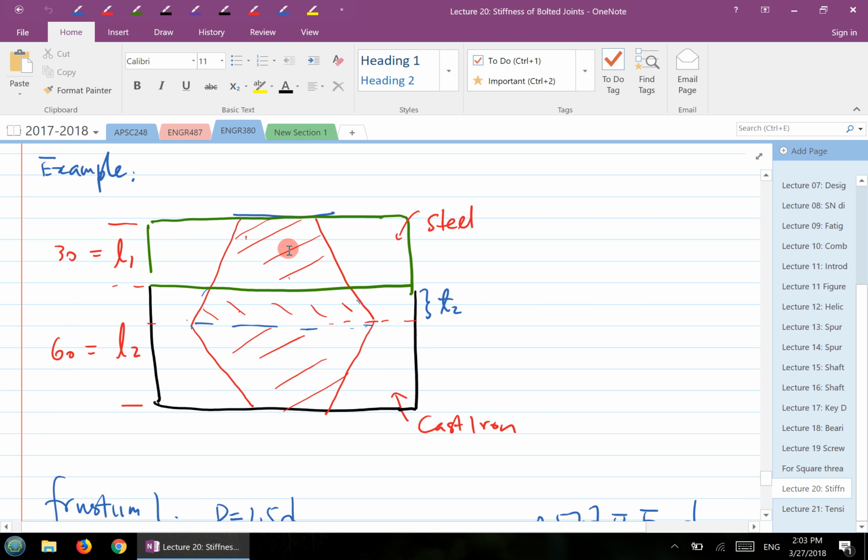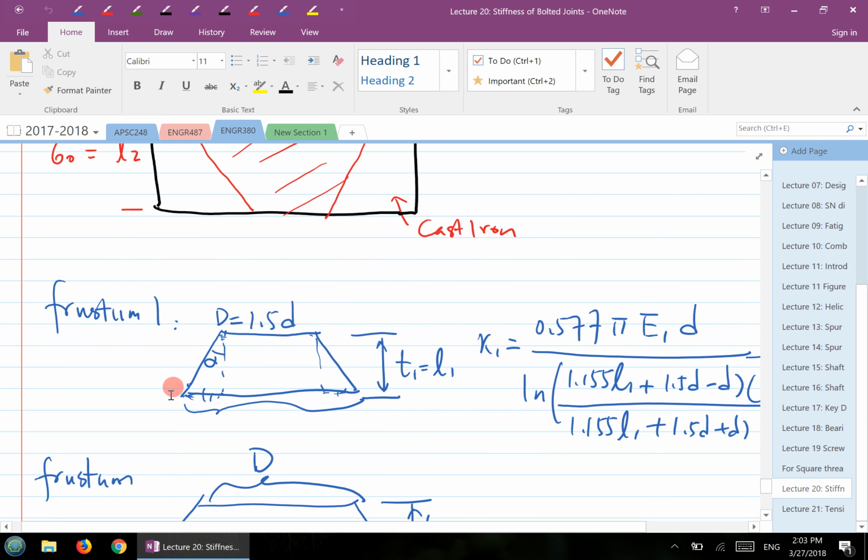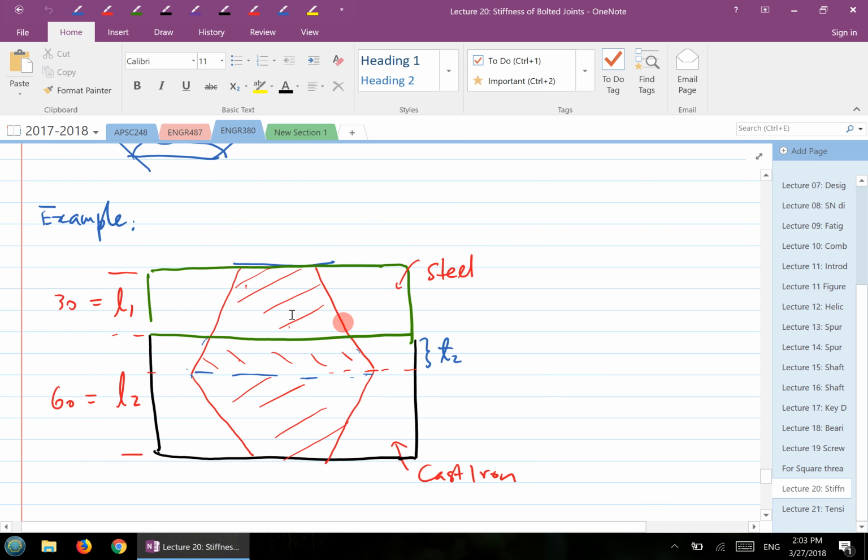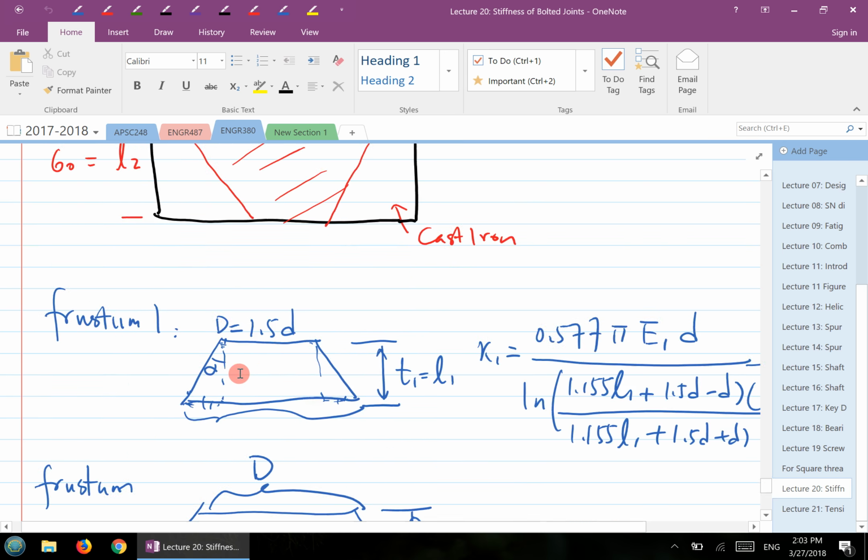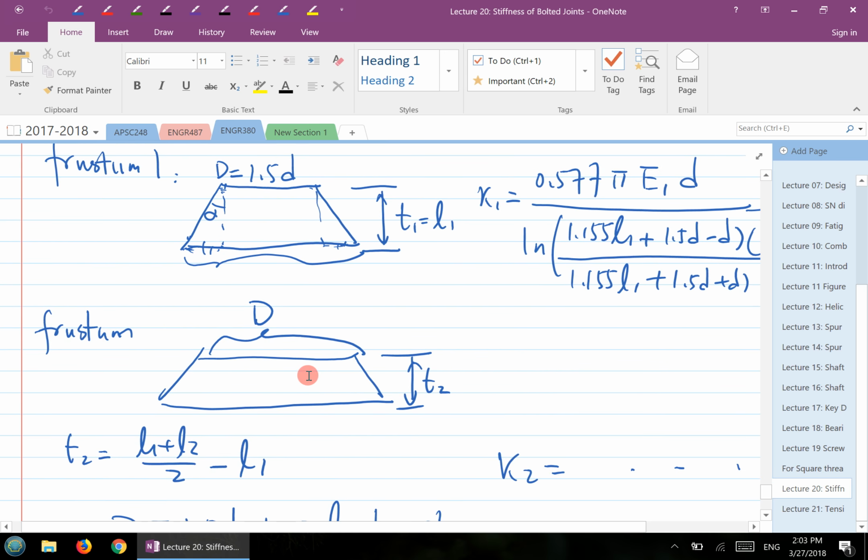Then I will calculate the stiffness three times, once for each frustum. So for the first frustum, starting from the beginning, the capital D is 1.5 D, and the thickness is basically the thickness L1. That's easy. For the second frustum, the capital D is the width of the bottom of the previous frustum.